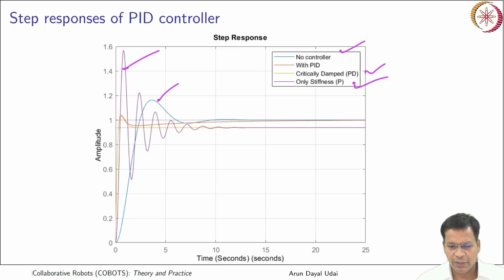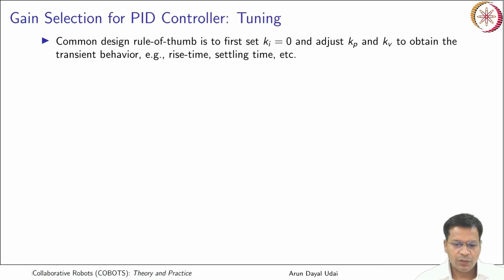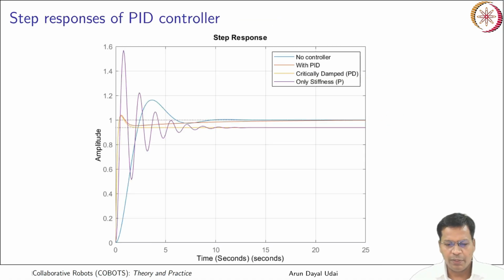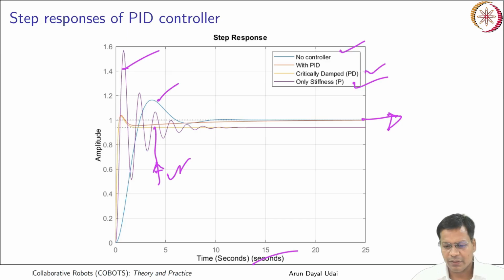No controller is this one, with only P is this, with PD is the yellow one which has steady state error only. Okay, but we were happy with this, so we put I to this only. Okay, so this time you see, with a little bit of overshoot, with almost no oscillations, it reached the desired commanded value.